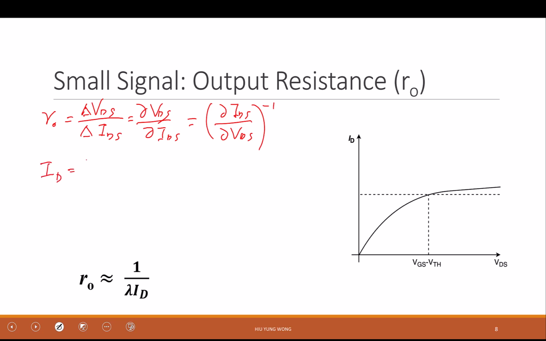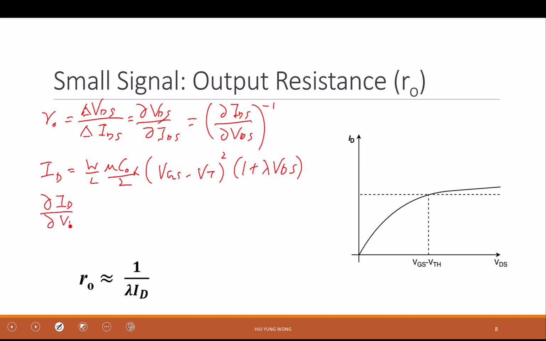ID equals W over L mu Cox divided by 2, times VGS minus VT squared, times 1 plus lambda VDS. Right. So you can shuffle them, but I prefer to do this because I is in terms of V, so it's easier to find what is partial IDS over partial VDS, right?